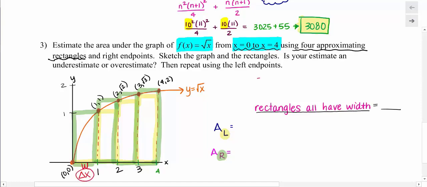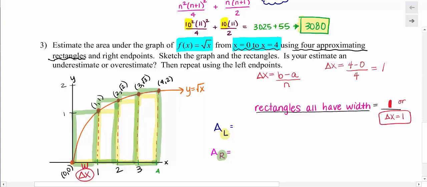So delta x is my end, or my b, minus my start, or my a, all over n. Let me show you numerically and see if this makes sense. I end at 4, I'm starting at x equals 0, and I want to put in 4 of them. 4 minus 0 divided by 4 is 1, which tells me all of my rectangles have a width of 1, or delta x is 1.